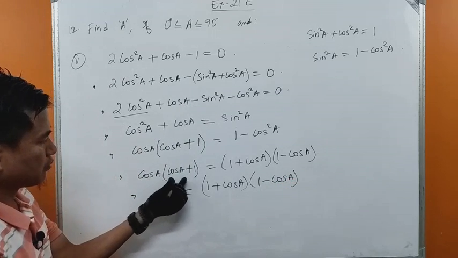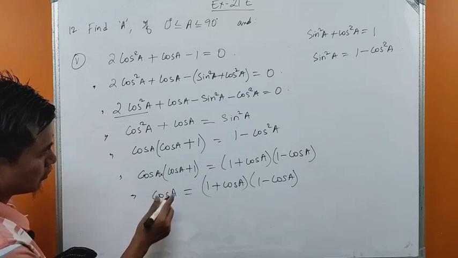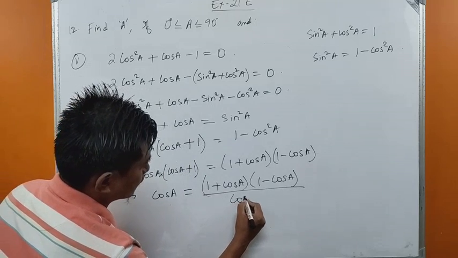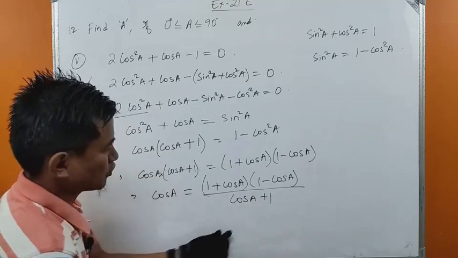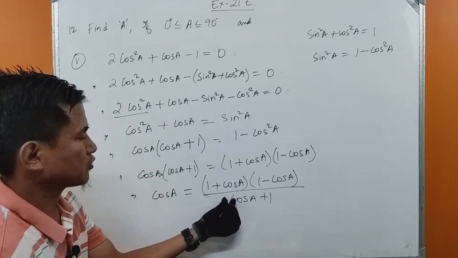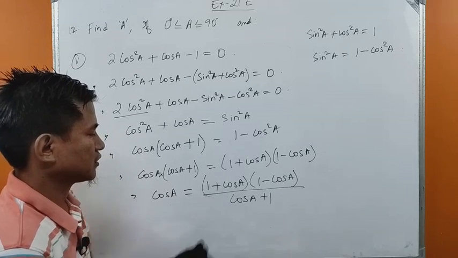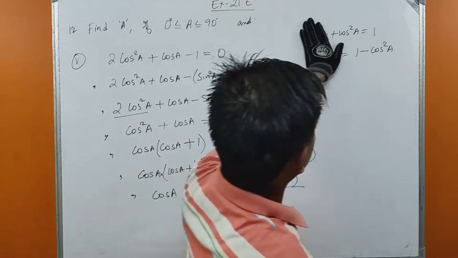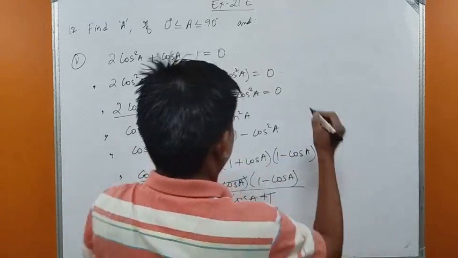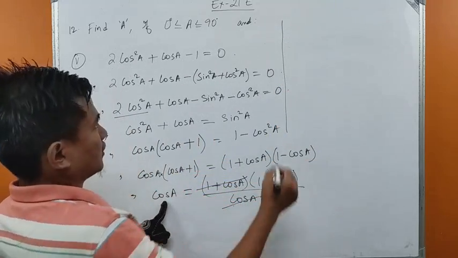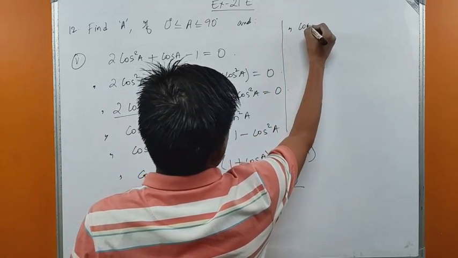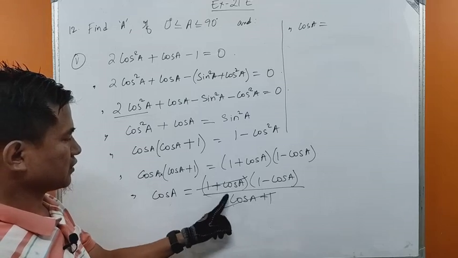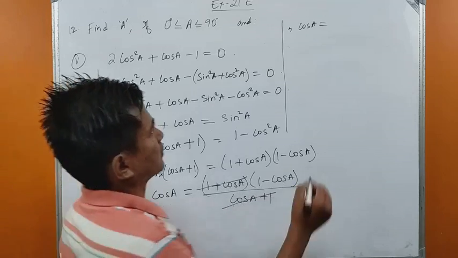This cos A plus 1 goes to the denominator: cos A plus 1 and 1 plus cos A are the same thing, so we can cancel these two numbers. Here we have cos A in the left hand side, and in the right hand side these two numbers are already cancelled, equals 1 minus cos A, isn't it?